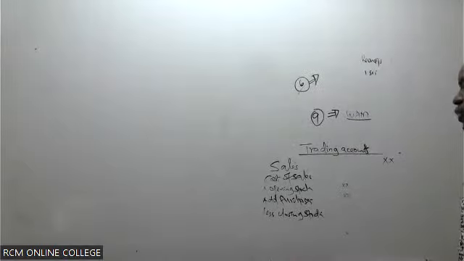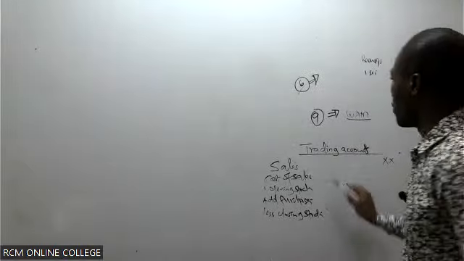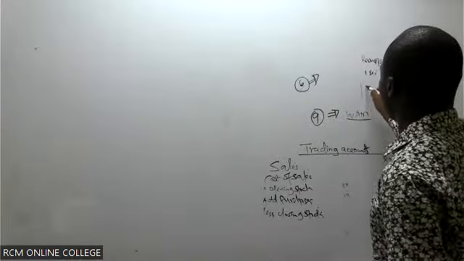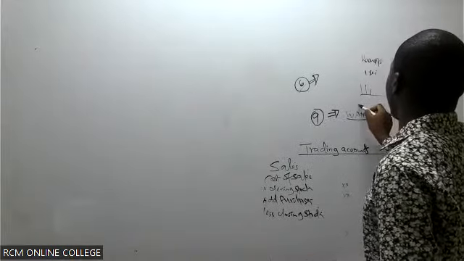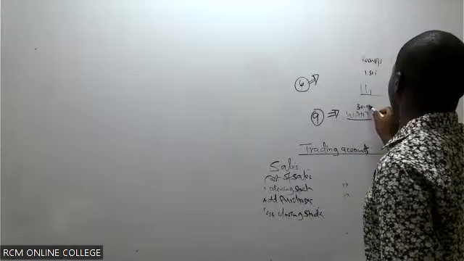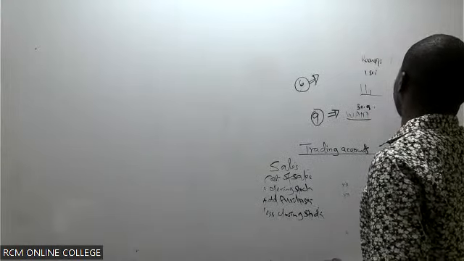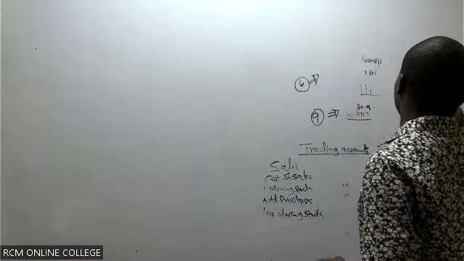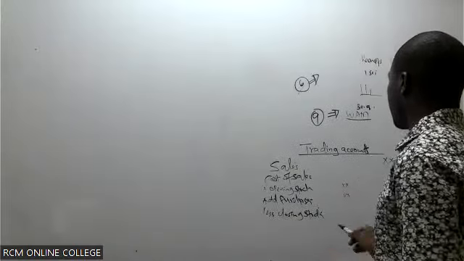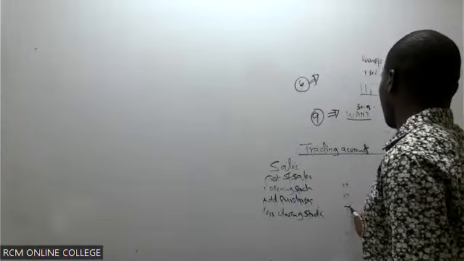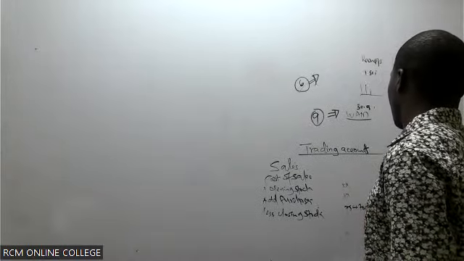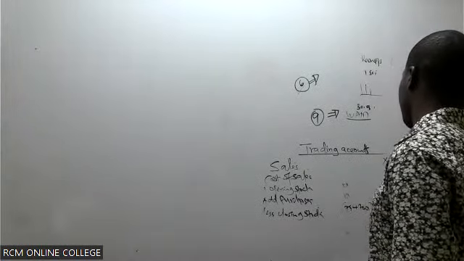Your closing stock, if you look at your analysis sheet here, as at 30th of September, you add 4,000 units at a cost of 754,700, something of this kind. That's what you come and less. If you less that, you're going to get cost of sales.